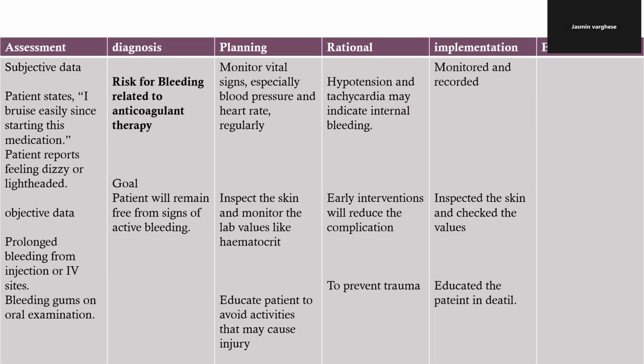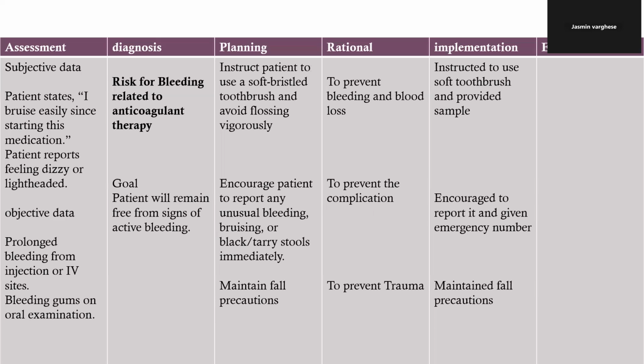Educate the patient to avoid activities that may cause injury, to prevent trauma. Educated the patient in detail. Then instruct the patient to use soft bristle toothbrush and avoid flossing vigorously to prevent bleeding and blood loss. Instructed to use soft brush.